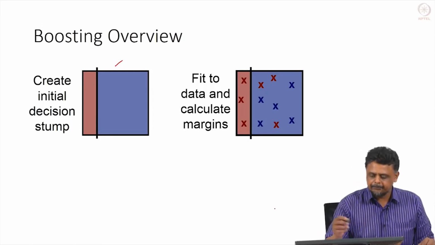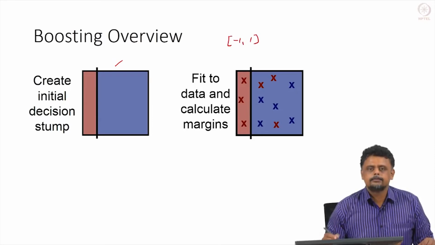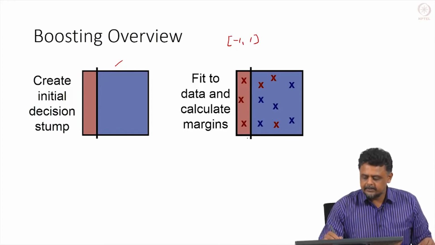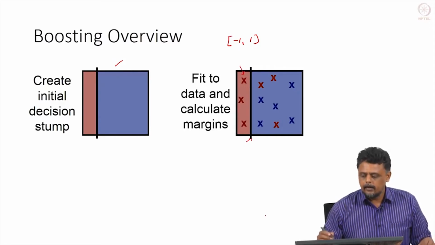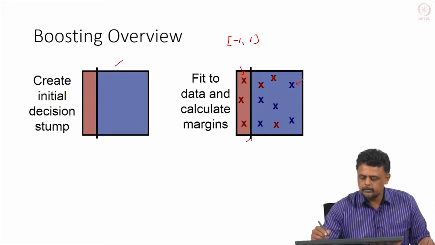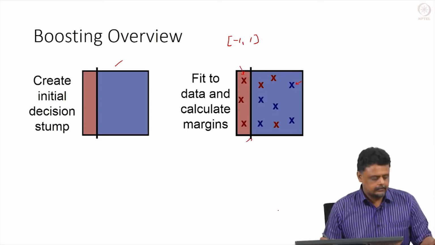Again, we are looking at a binary classification problem where the output is either -1 or 1. We have this decision boundary, with correct classification of the red data points to the left and the blue data points to the right. The red crosses on the right are misclassifications.